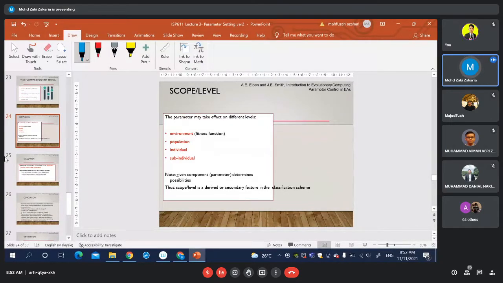And then for parameter, usually we all consider the criteria: the function, the population, individual and sub-individual.